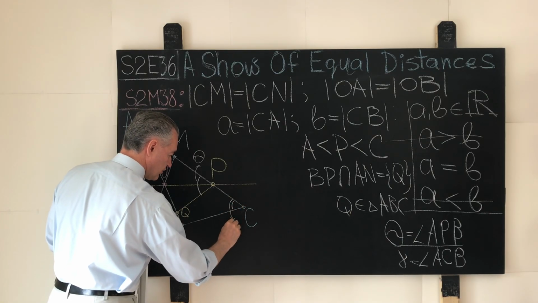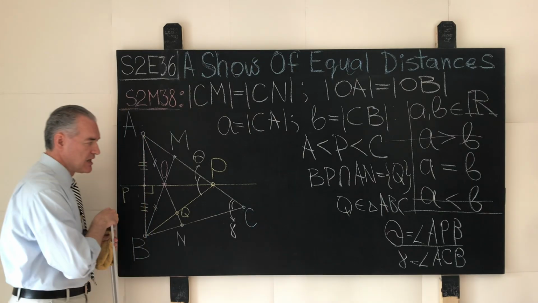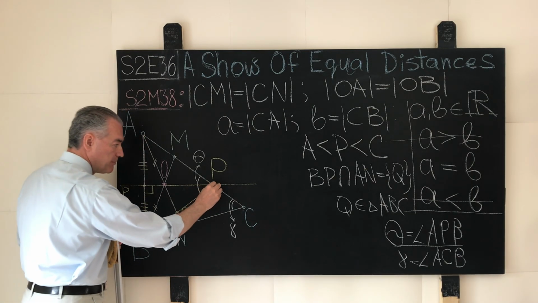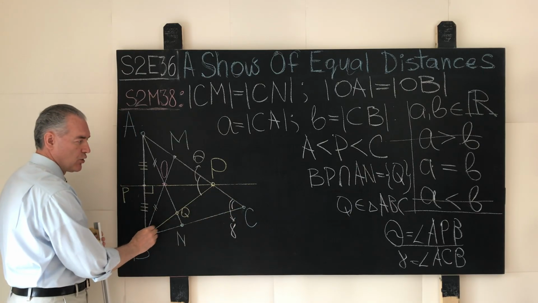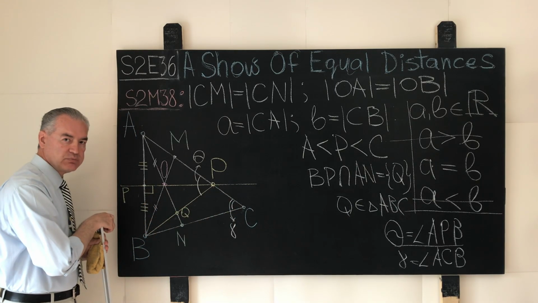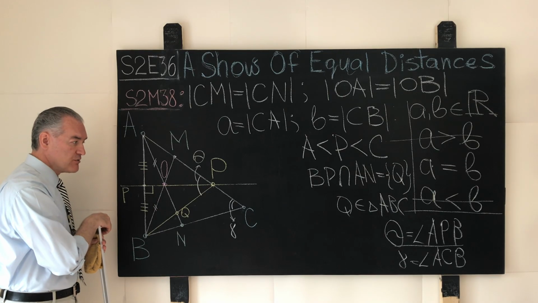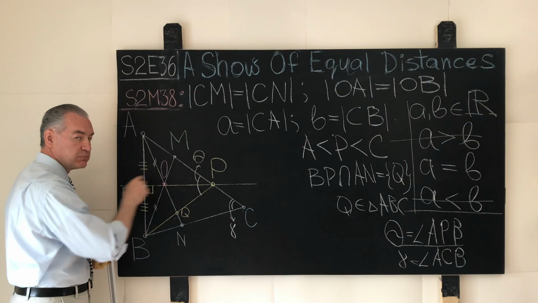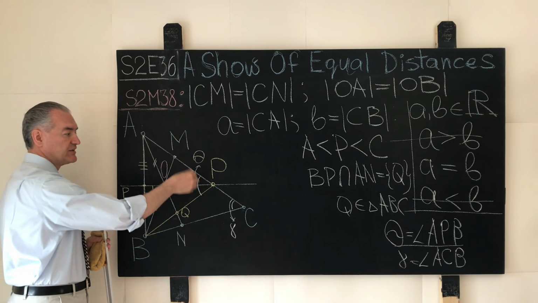I'll write it down over here. Now, with respect to the triangle PCB, what role does the angle theta play? With respect to the triangle PCB, the angle theta plays the role of the exterior angle.